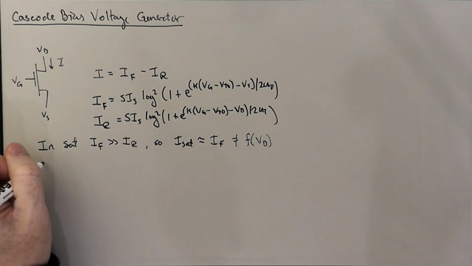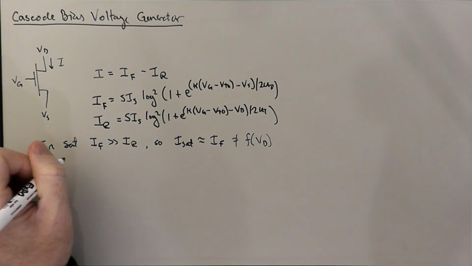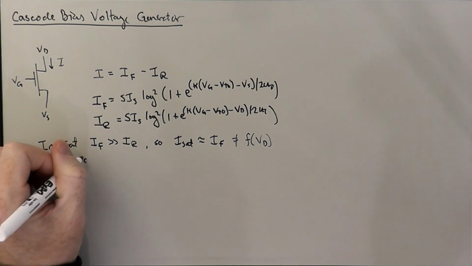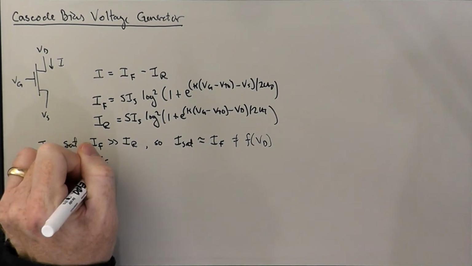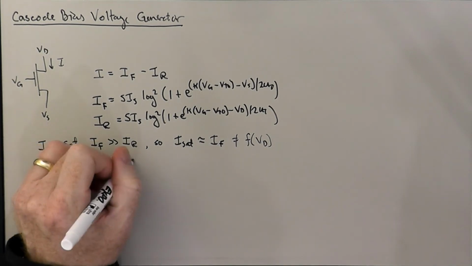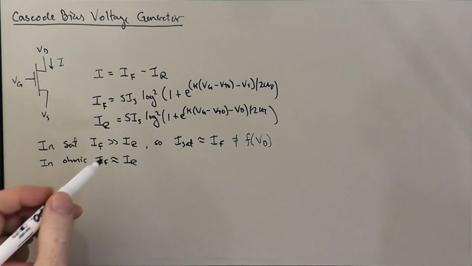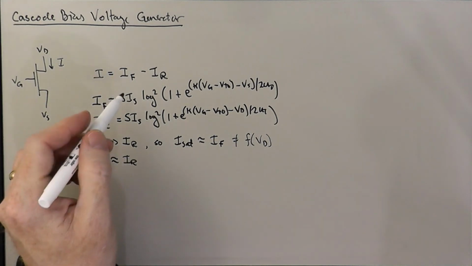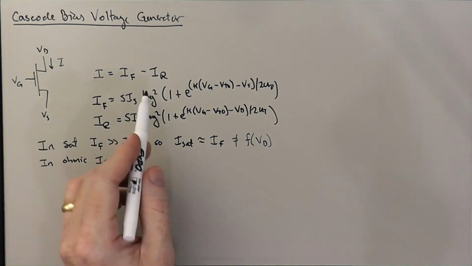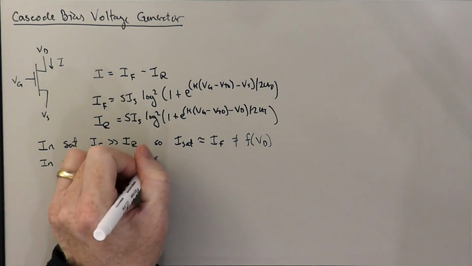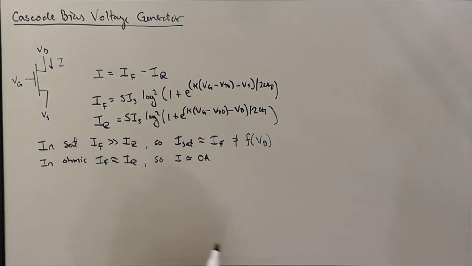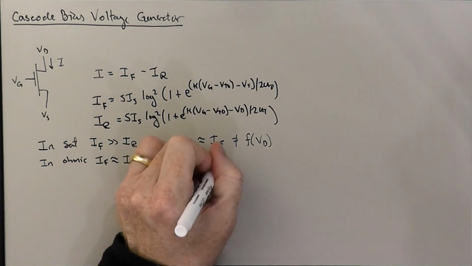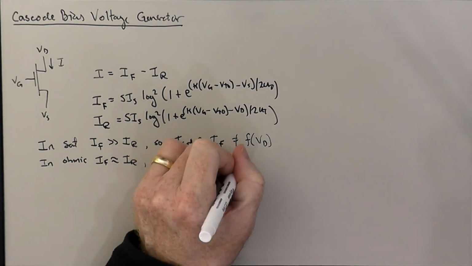In the ohmic region, we have IF basically being approximately equal to IR, so they're on a par with each other. You know, IF is probably larger than IR somewhat, but they more or less cancel, and so I is down near 0 amps and is roughly proportional to VDS.